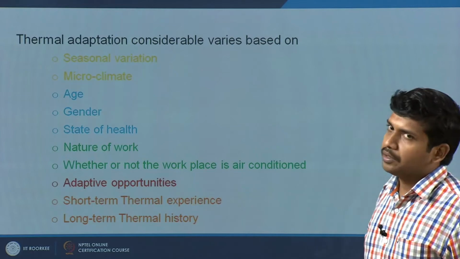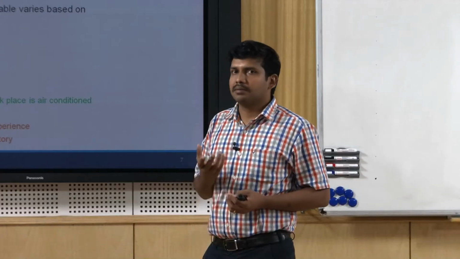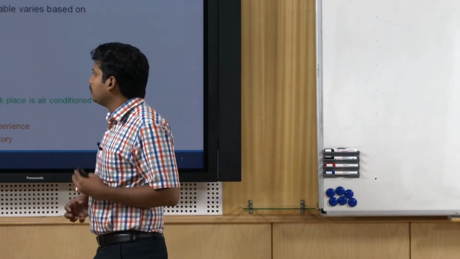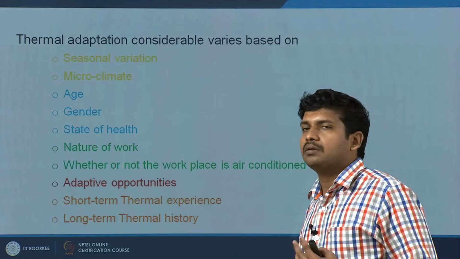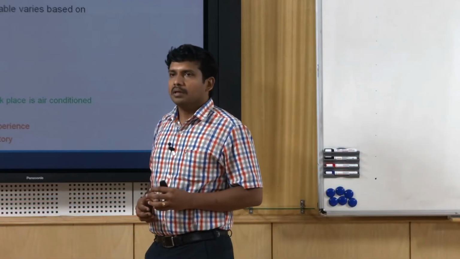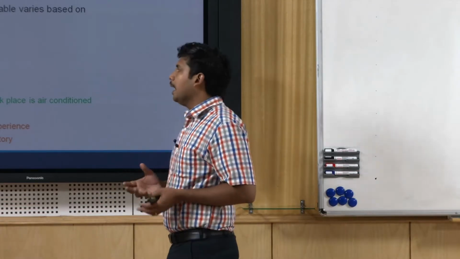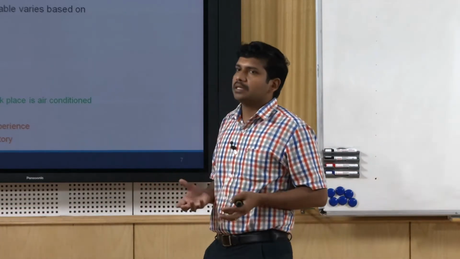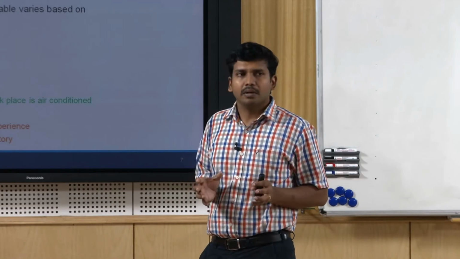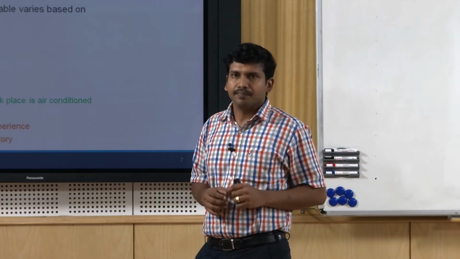Then the nature of work you do, both the metabolic activity which determines the MET value which we talked about, it depends on how much metabolic activity or heat production your body is undergoing. On the other side, it also depends on what kind of position and place you are stuck to. For example, if you are an IT professional, or a student sitting in a classroom, you are bound to your seat, you do not keep moving around, you do not have the flexibility to switch on, switch off your air conditioner or your fan.